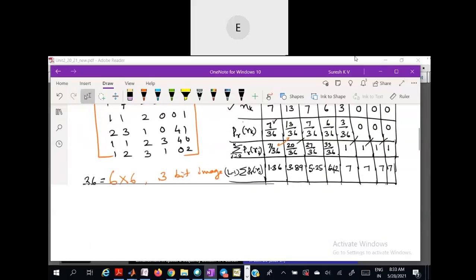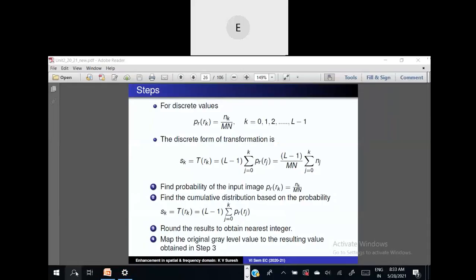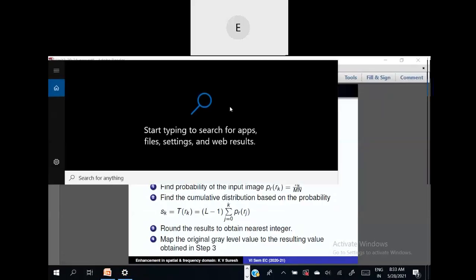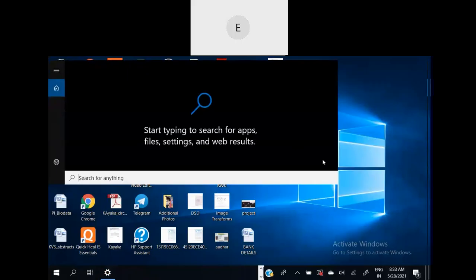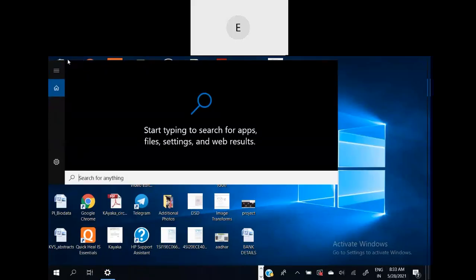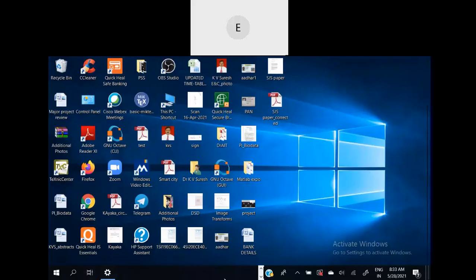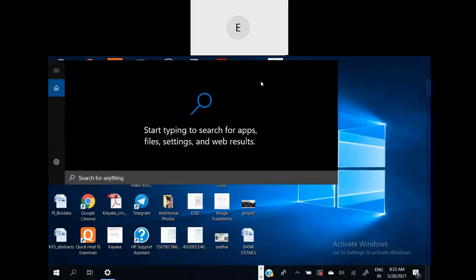Let me just close this OneNote and open it. I am again getting that problem that I had earlier. Sorry for that. I don't think it is getting solved.